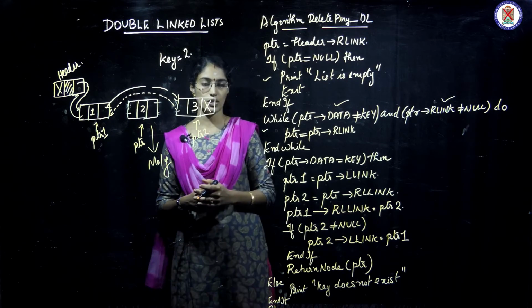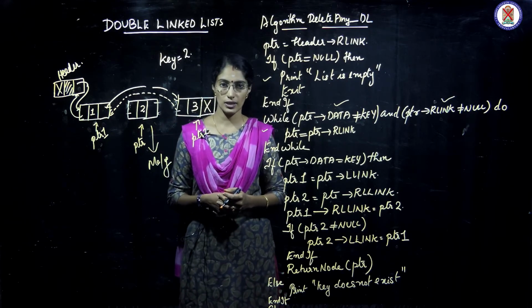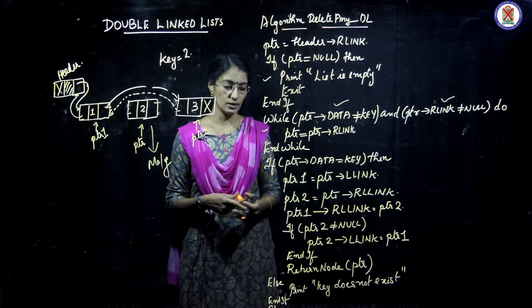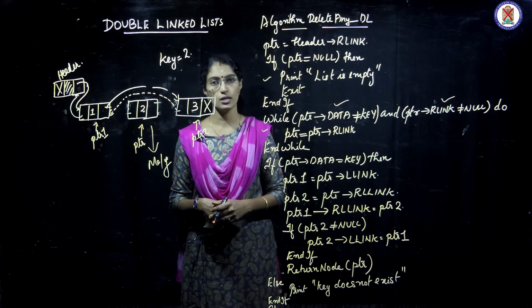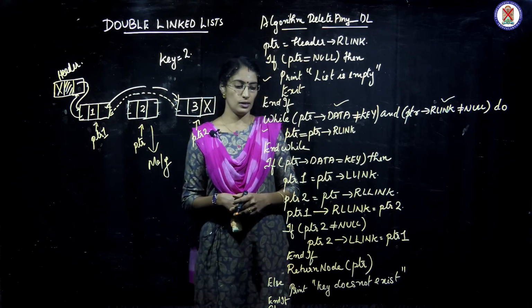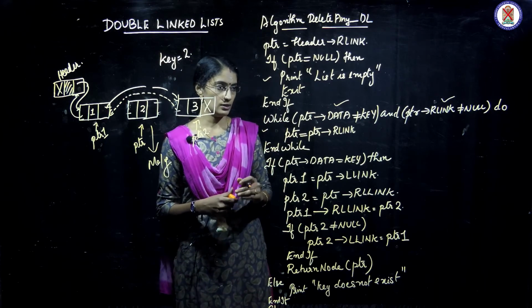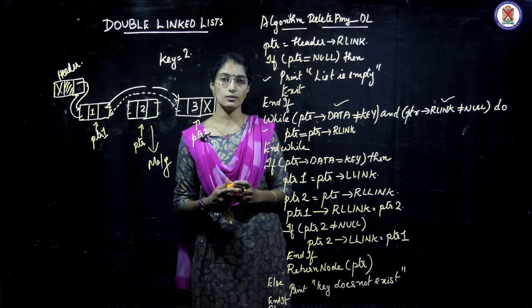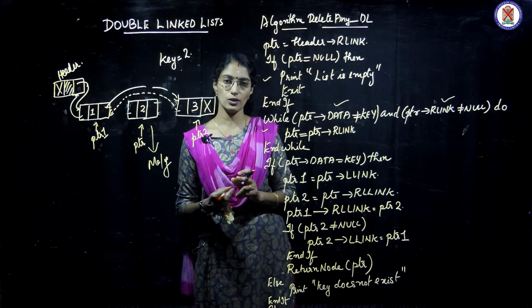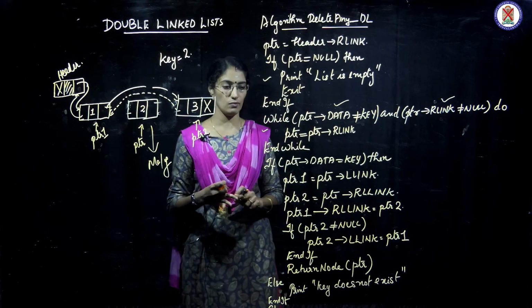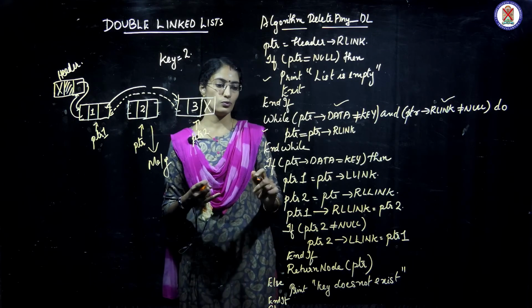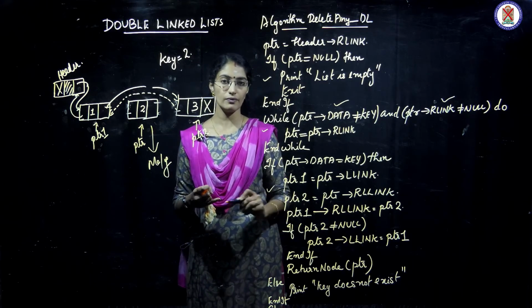Then you give a message saying that the key value does not exist in the linked list, and therefore the deletion is not possible, right? So as a summary, you traverse the linked list based on two conditions. Either you find the key value or you do not find the key value. If you find the key value, you execute the steps in the if statement.